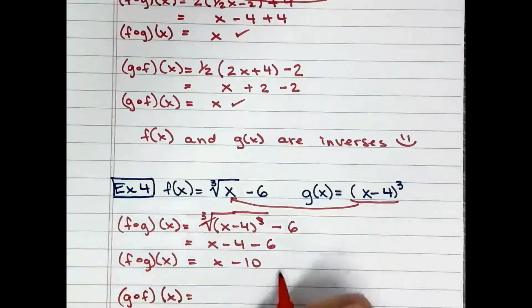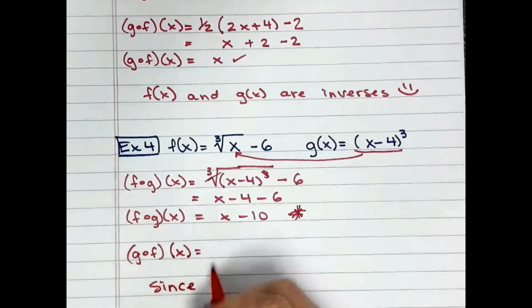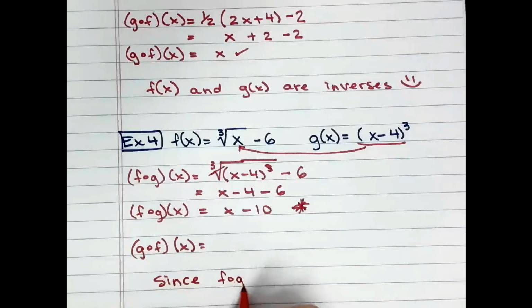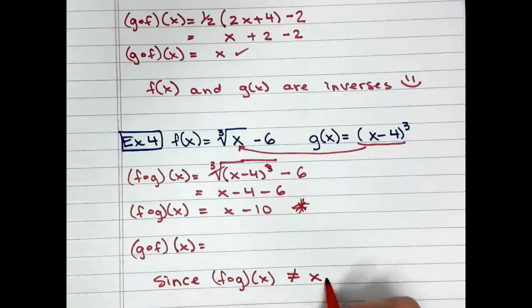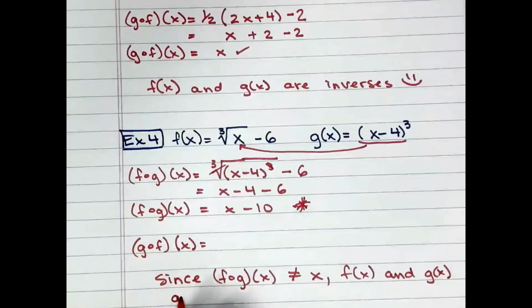Because this one already doesn't check. So, since f composed g of x does not equal x, f of x and g of x are not inverses.